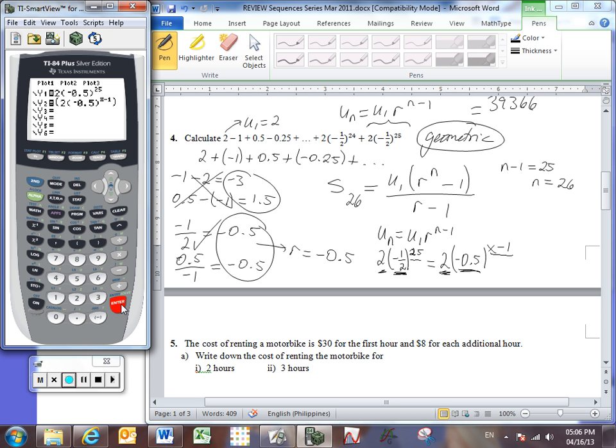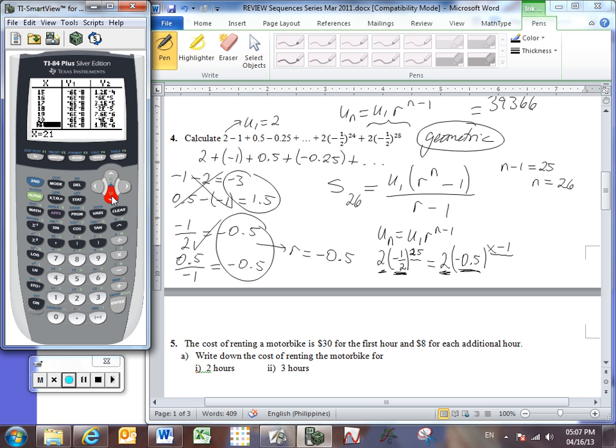So again, because I know that x is going to be an integer, because it represents the number of terms, then let's look at the table. And if I look at the table of values and scroll down far enough, you can see that y1 is always equal to this weird thing, negative 6e negative 8.